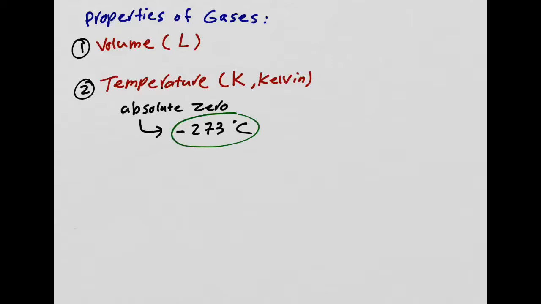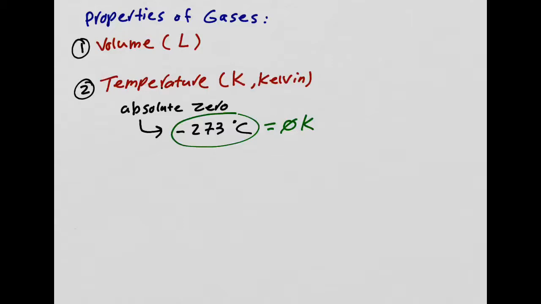Negative 273 degrees Celsius. We're going to say that this is 0 Kelvin. Why did they do that? To avoid having negative values for temperature. So they said, okay, we're going to take the coldest temperature possible and make it 0 Kelvin.